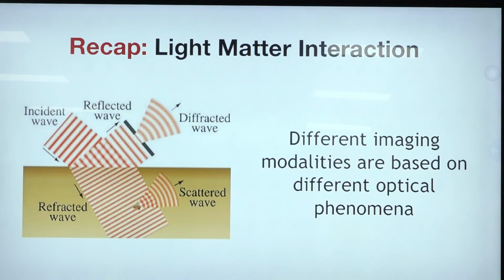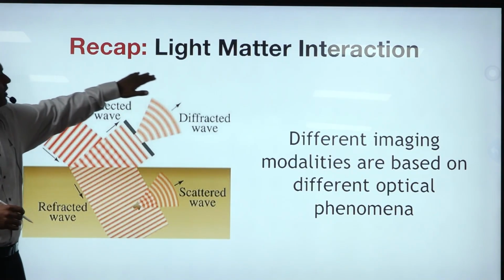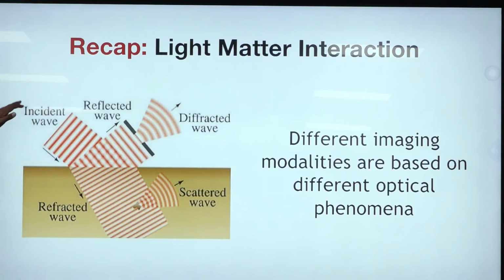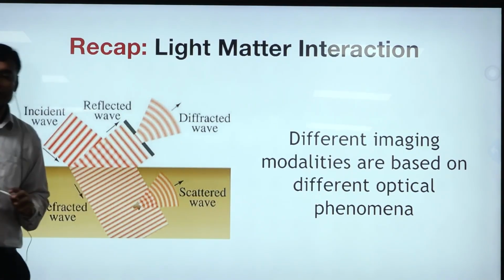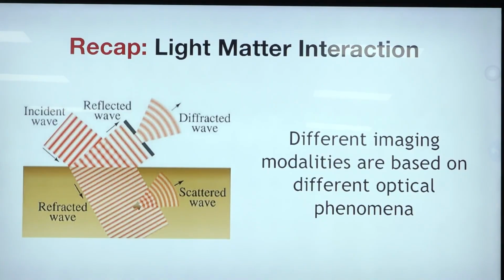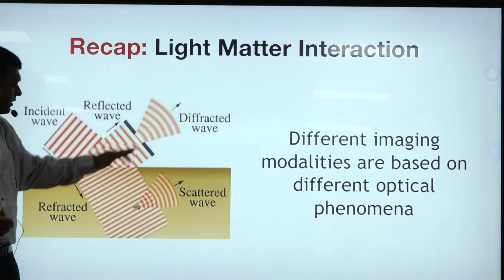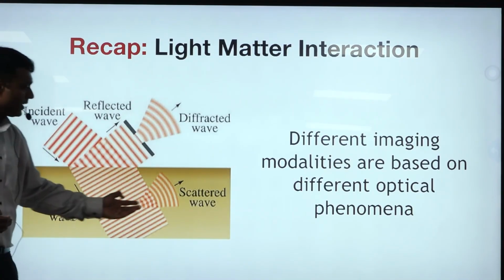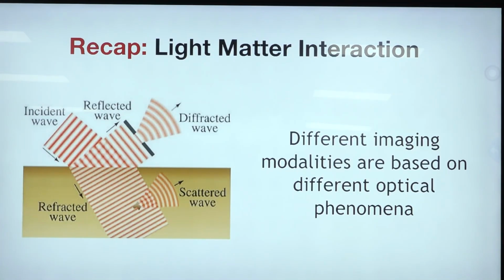To recap something we discussed last week, when we talked about light matter interaction, there are all these different phenomena, the processes that can happen. A wave is incident, it can get reflected, diffracted, refracted, scattered, or absorbed. So there are all the different imaging modalities that we come up with.